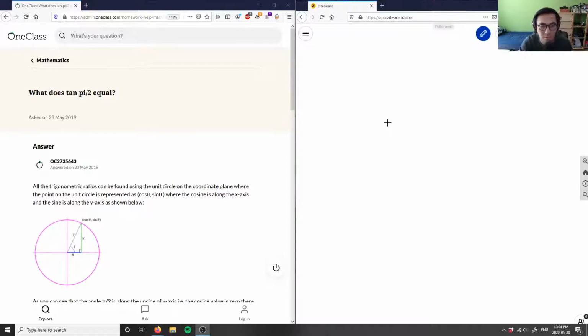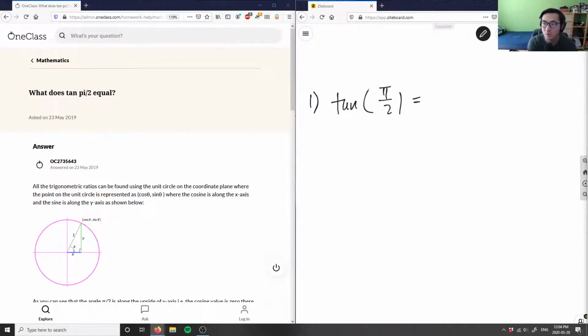My first question is asking us, what does tan pi over 2 equal? There are a lot of ways to approach this problem. I want to find the exact value of tan pi over 2. There are kind of two ways to approach this.